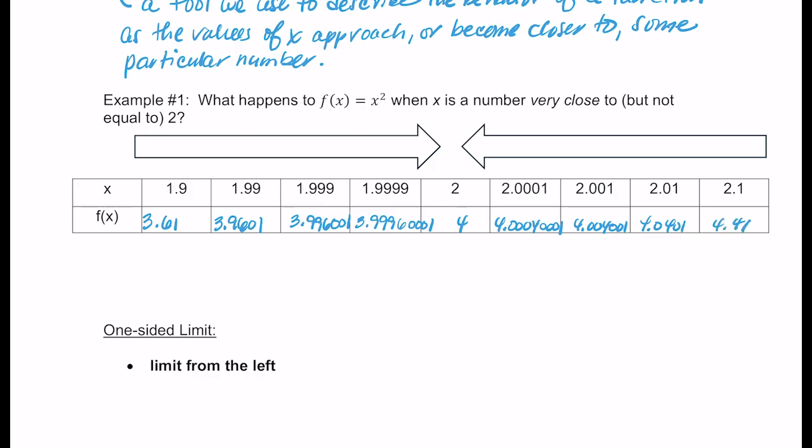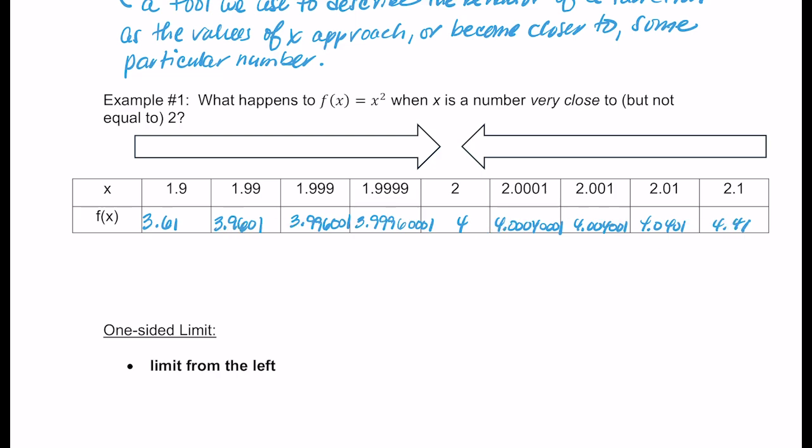So what I would like you to do is investigate here as x gets closer to 2 from either side, so from the left or from the right. What is f of x getting closer to? So as you notice, as x gets closer to 2, f of x is getting closer and closer to 4, right?